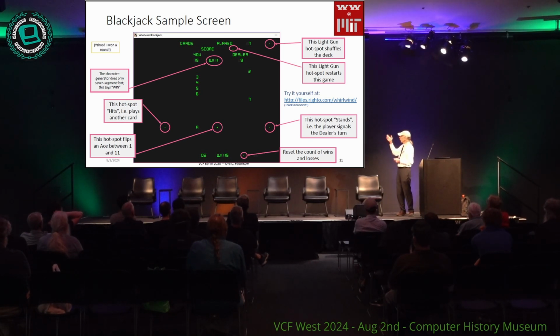So this is the kind of display they could produce. There was a 7-segment character generator by the time they were done. And then each of those dots represents a hotspot that you can hit with the gun. So you can use this to play a game of blackjack.